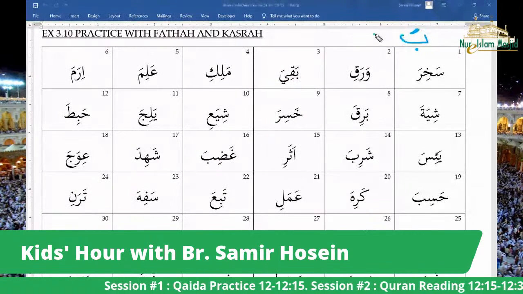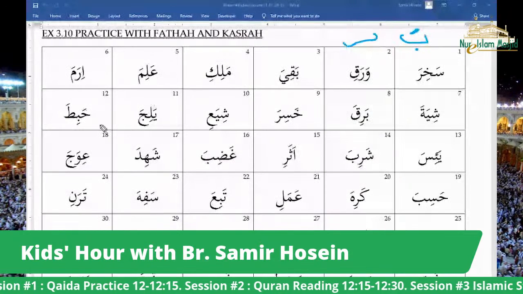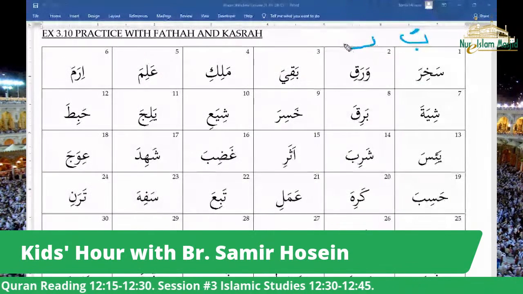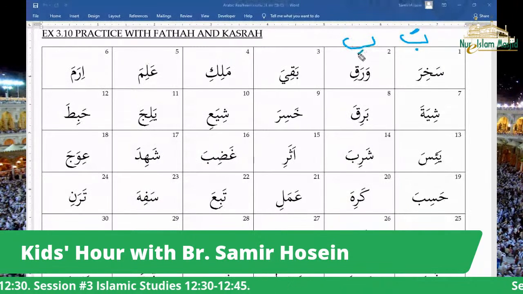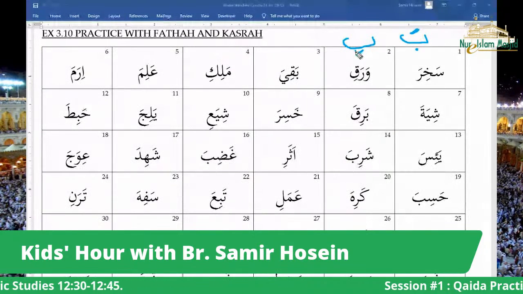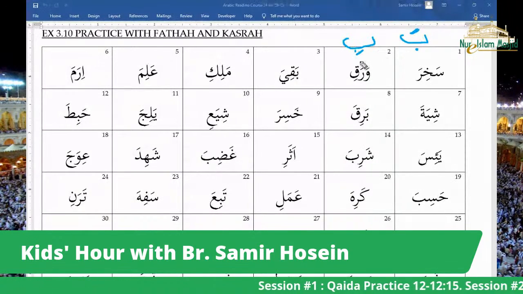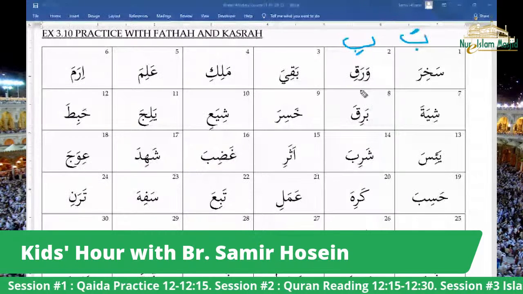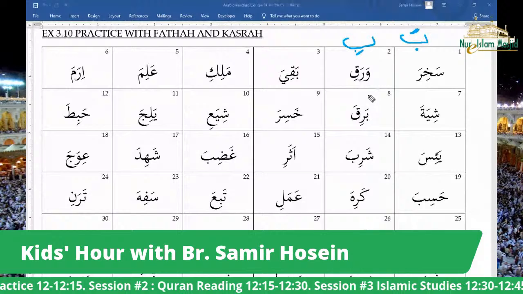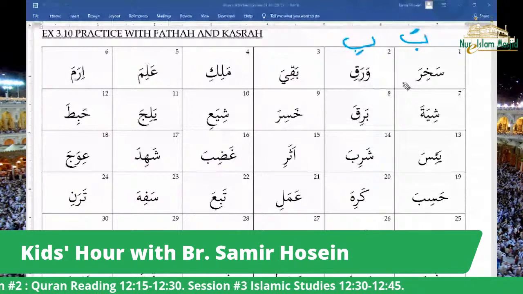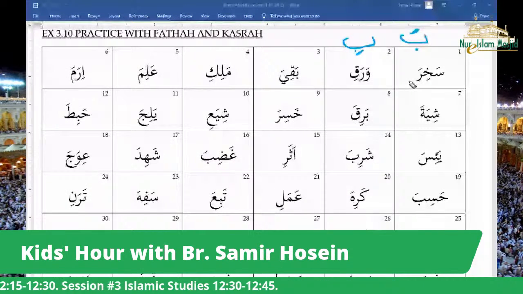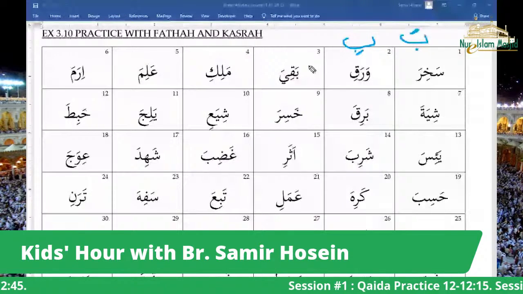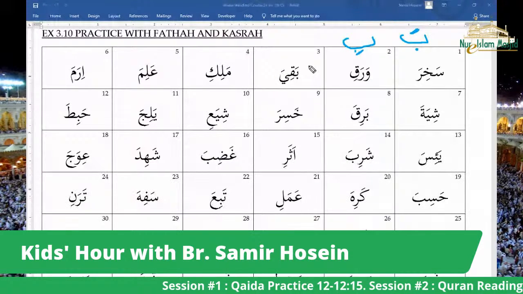And the appearance of a short diagonal stroke below the letter, giving the sound of E. Ba and E gives Bi. And our skill in being able to recite the Quran is figuring out what sound the letter should have based on the vowel that is currently taken.